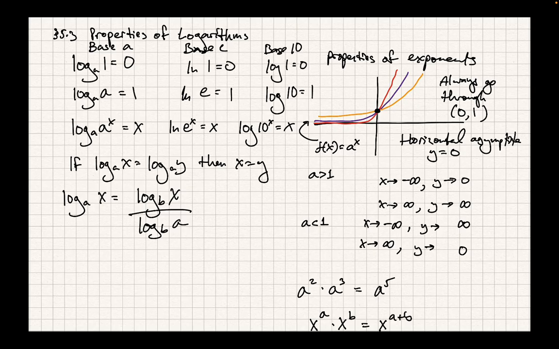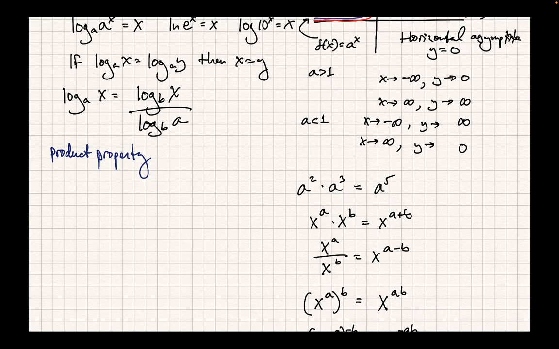So this one, I'm going to call the product property. And at this point, I will remind you of this. With this in mind, I'm going to lay the product property on you.